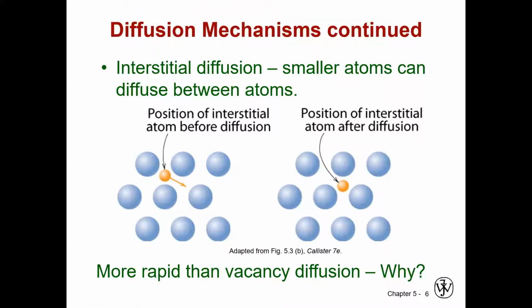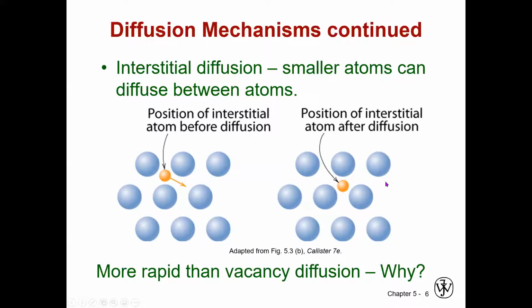Now, another mechanism of diffusion is referred to as interstitial diffusion. Here we're moving small atoms in a host of larger atoms, and we're moving the atoms that exist in these interstitial sites. This might be carbon, say, in iron. And then this atom can now move to any of the neighboring interstitial sites.